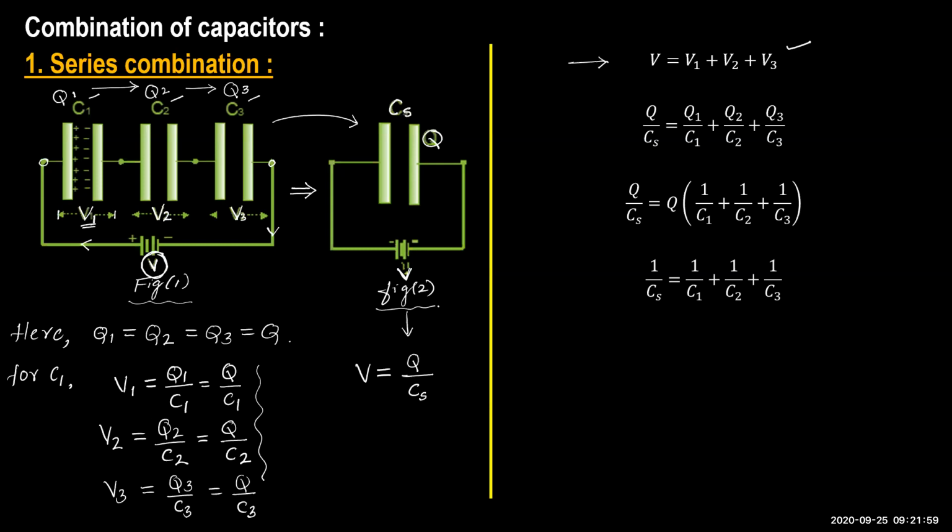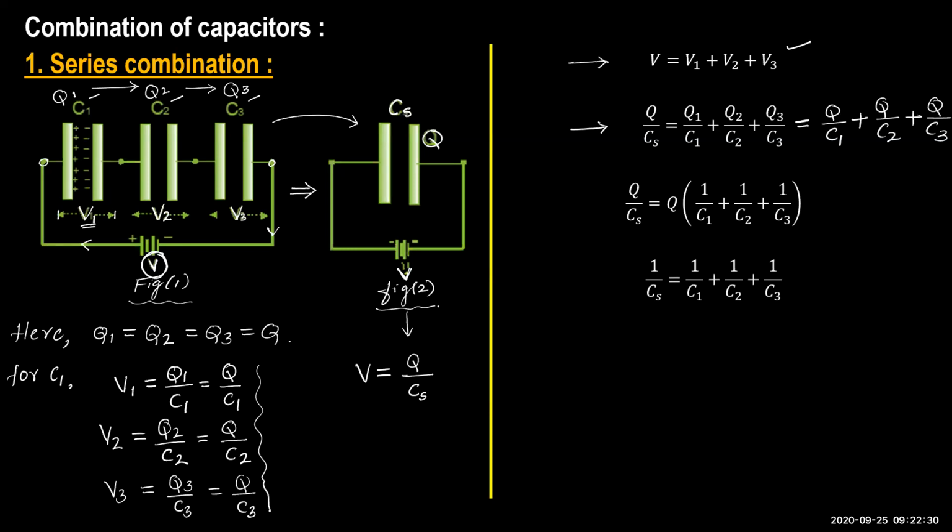Now substitute the values we have taken for V1, V2, V3 and V. When we substitute, we get Q divided by C1 plus Q divided by C2 plus Q divided by C3. Now, when Q is taken as common, in the bracket we get 1 by C1 plus 1 by C2 plus 1 by C3.